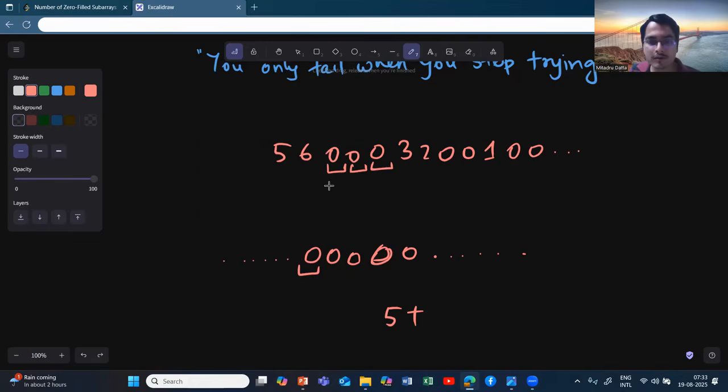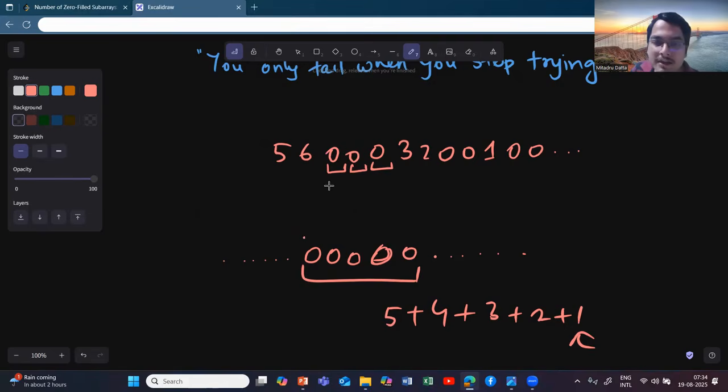Then you get four subarrays of length two. This is one, this is one, so there are four subarrays of length two. Then you get three subarrays of length three. You observe this pattern, which is very simple: 3, 2, 1. At last, there will be a single subarray of the full length.